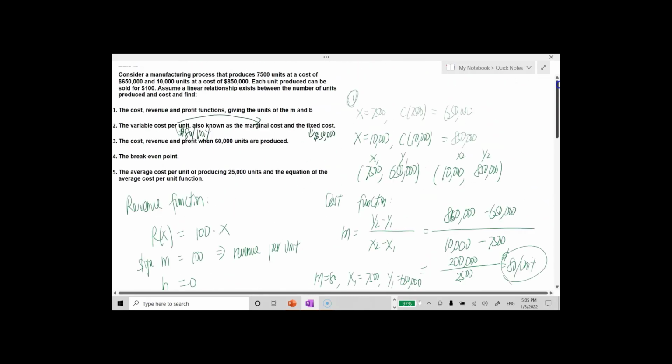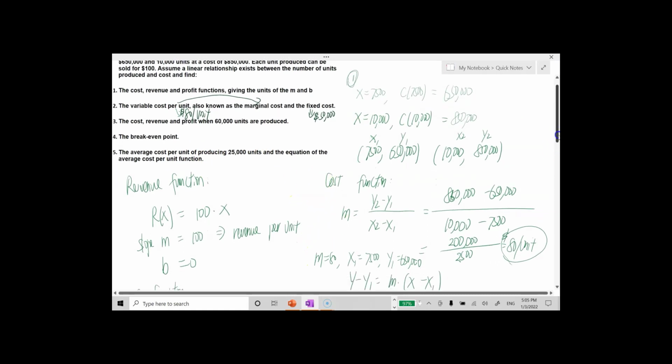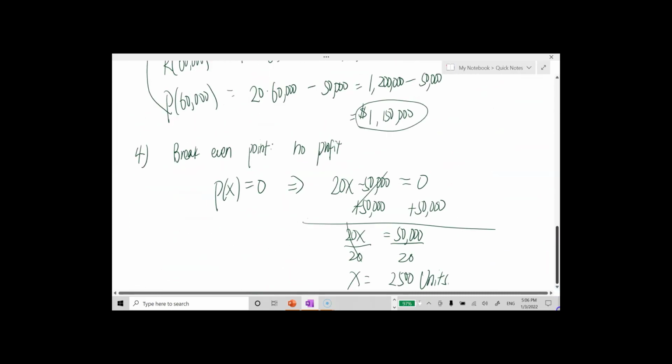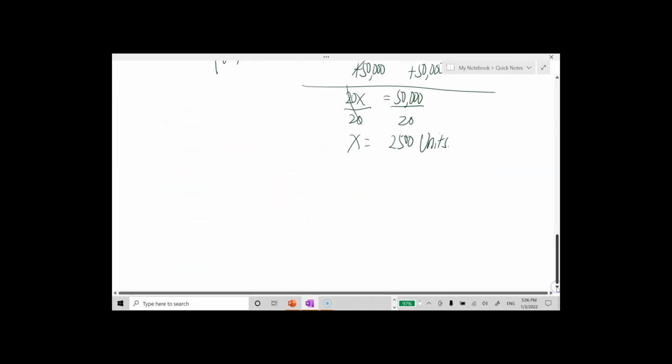This is part 4. Part 5, average cost per unit of producing 25,000 units, and the equation of the average cost per unit function. So first of all, let's find out the total cost of producing 25,000 units.